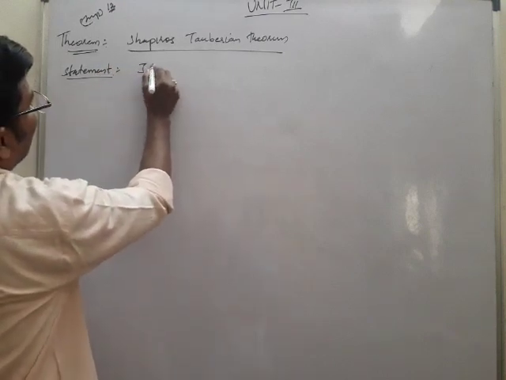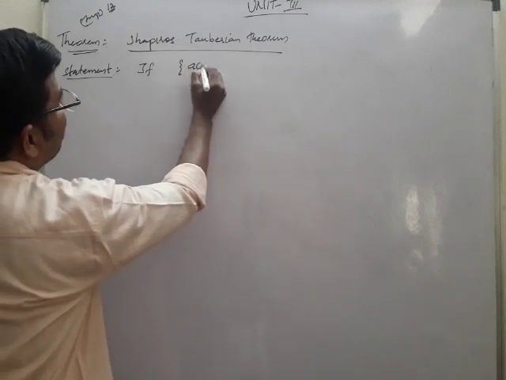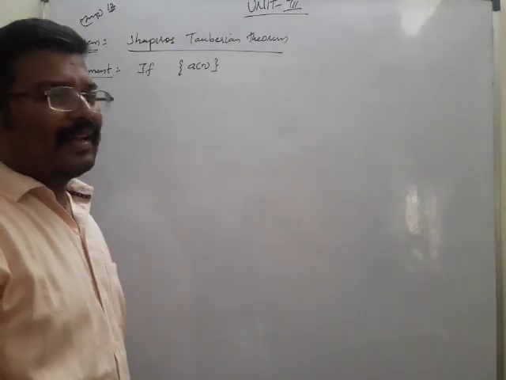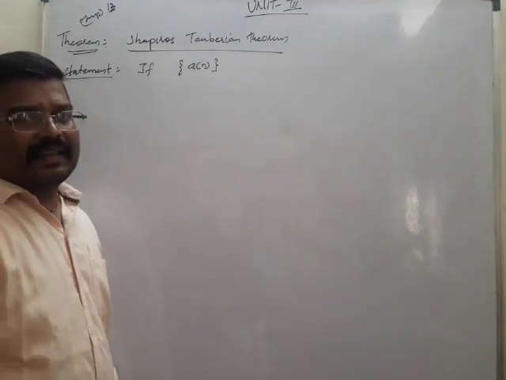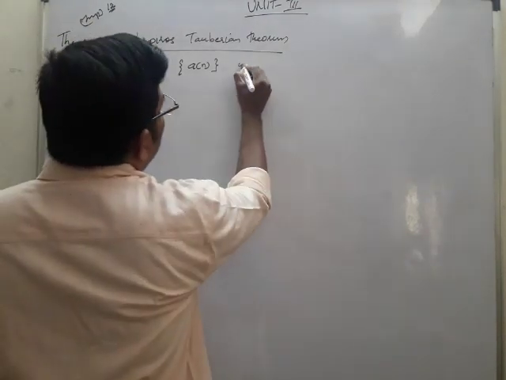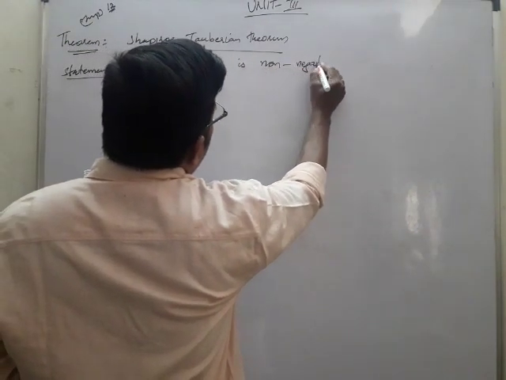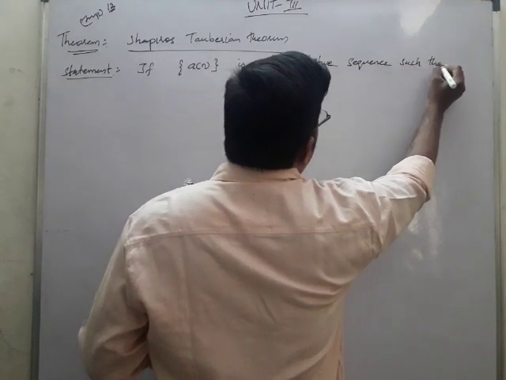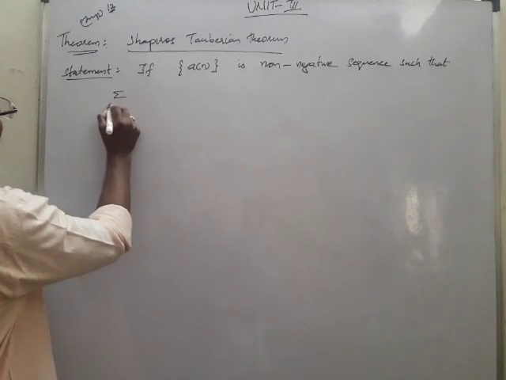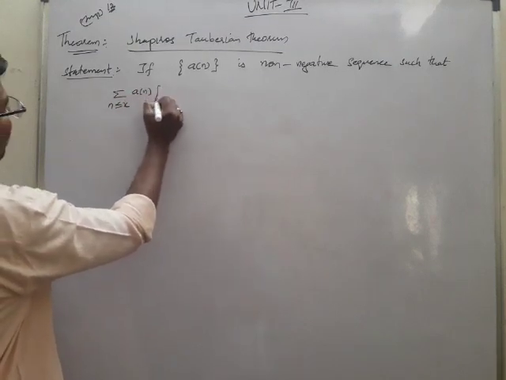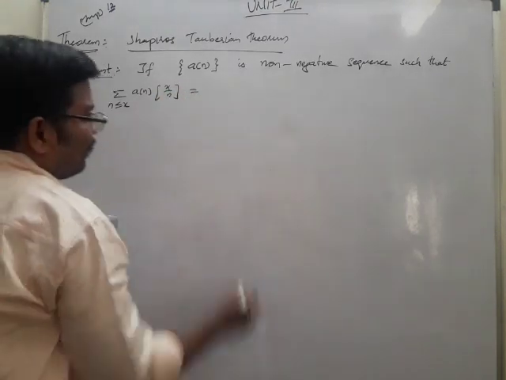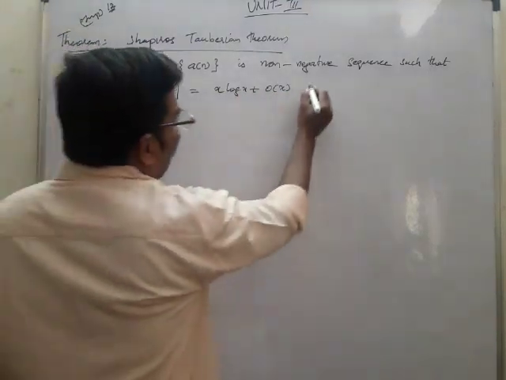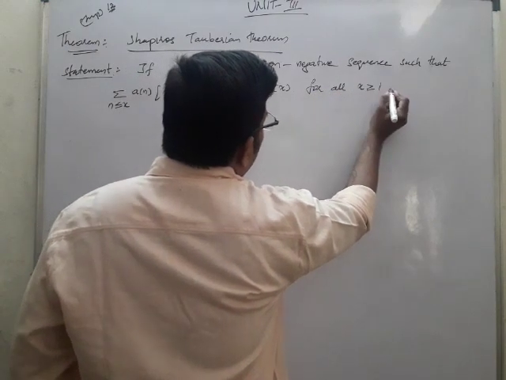The statement is like this. If the sequence a, that is a of 0, a of 1, like that, all the coefficients, and you can have the power series also there, so the sequence a n is a non-negative sequence such that summation n less than or equal to x of a n, floor of x by n, is equal to x log x plus big O of x, for all x greater than or equal to 1.